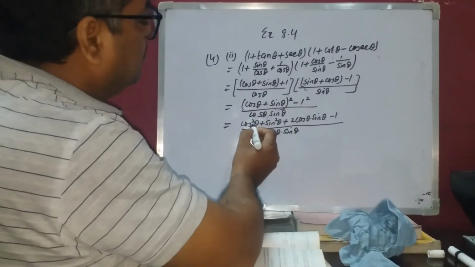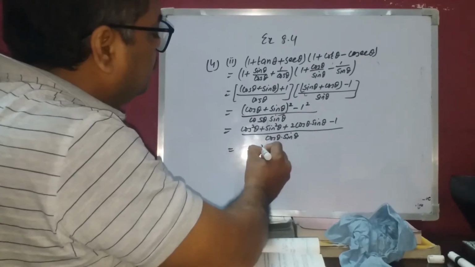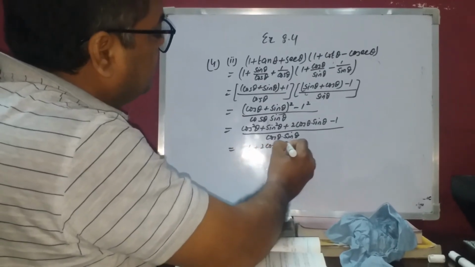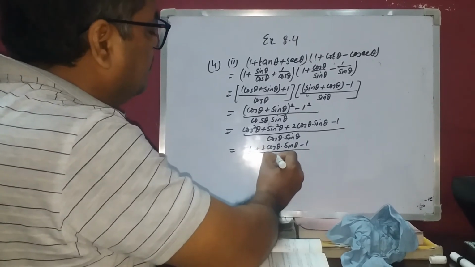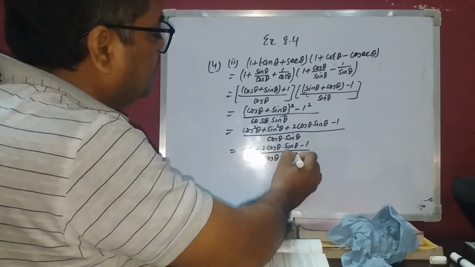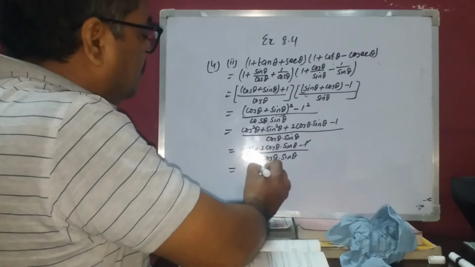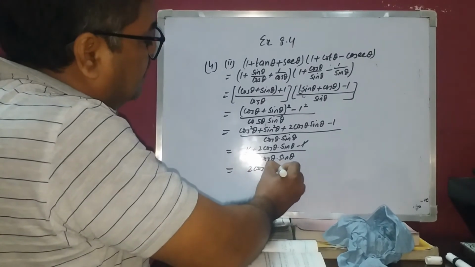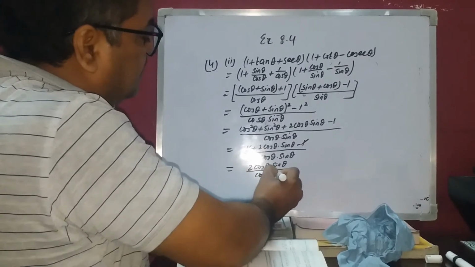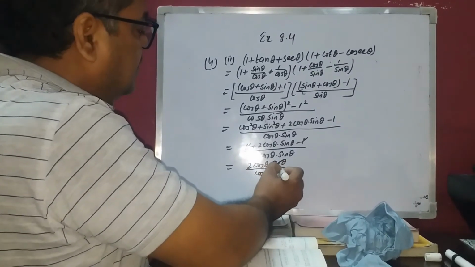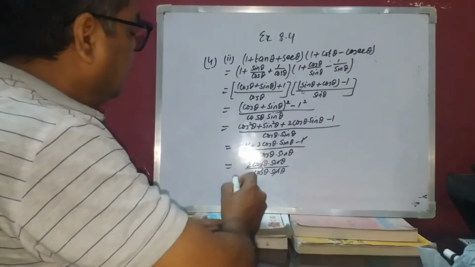Now for cos square theta plus sine square theta, you will write 1, plus 2 cos theta sine theta minus 1, upon cos theta into sine theta. 1 has been deleted here. 2 cos theta into sine theta upon cos theta into sine theta will cross out and your final answer is 2.